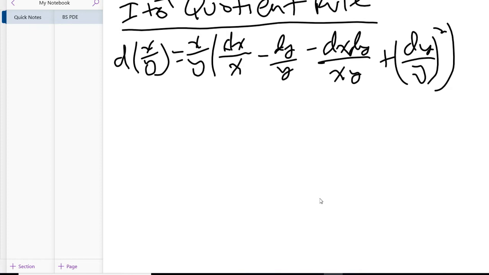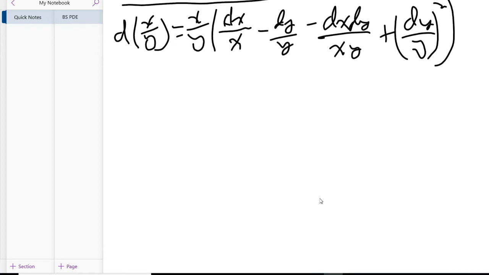So with that, we just fill in, obviously in our case X will be S_t and Y will be B_t, the bank account. So let me write this out.